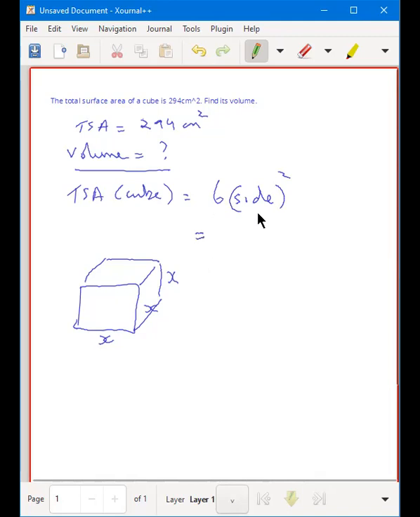So if I take the side as x, it will become 6x squared, which is given to you as 294. Can you solve this equation now? 294 is equal to 6 x squared. What is the value of x? 294 divided by 6 is? Okay, let's do 294 divided by 6.